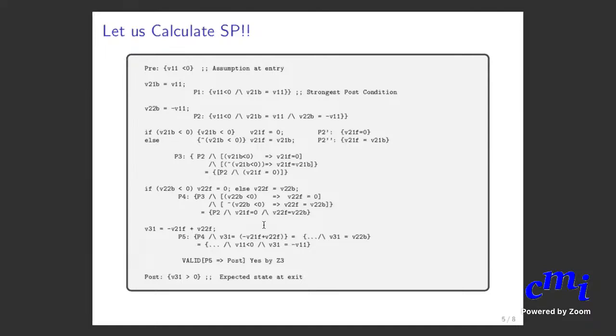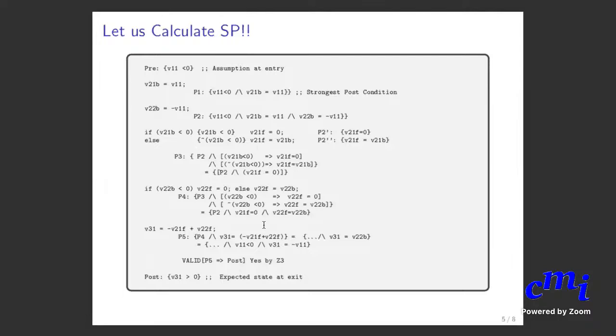Now similarly I construct this, and here once again, one of the Boolean conditions will be false, and therefore this simplifies to this one. V21F will be 0, V22F will be equal to V22B.